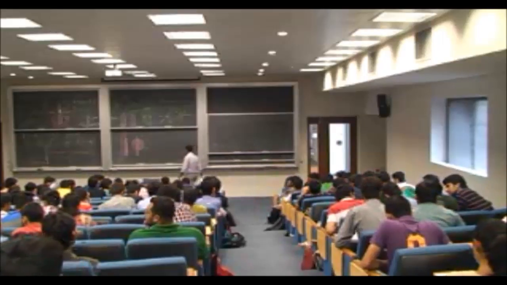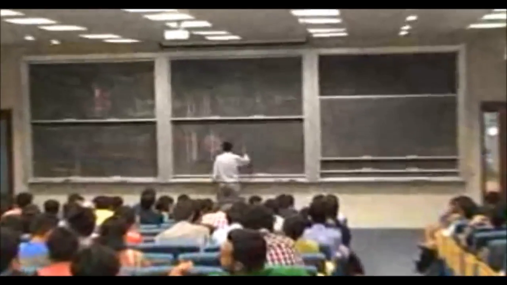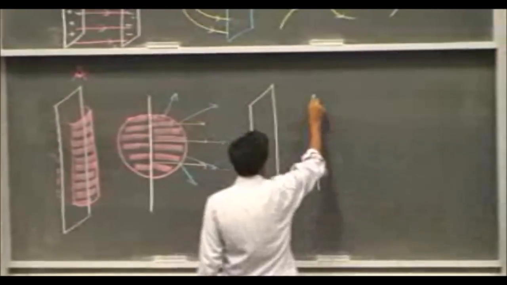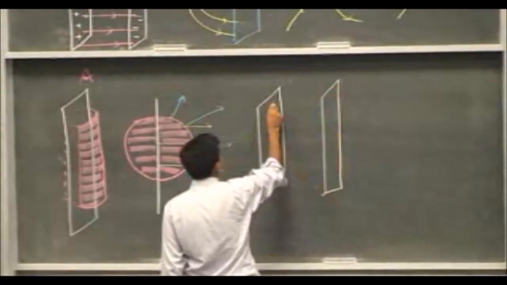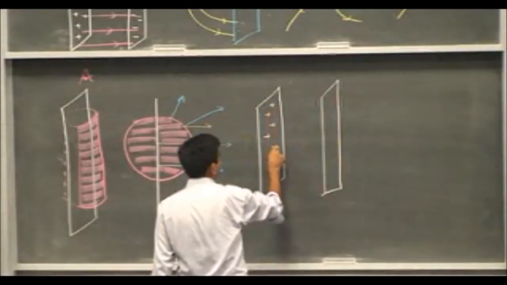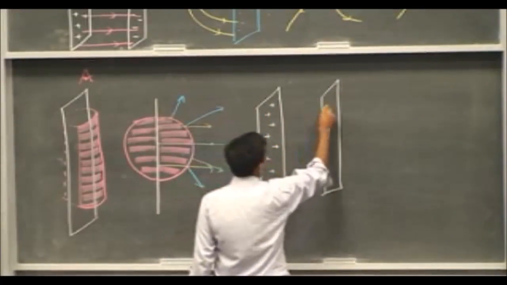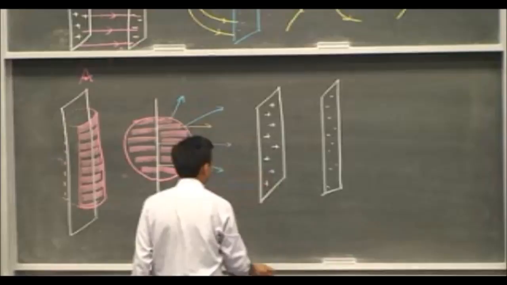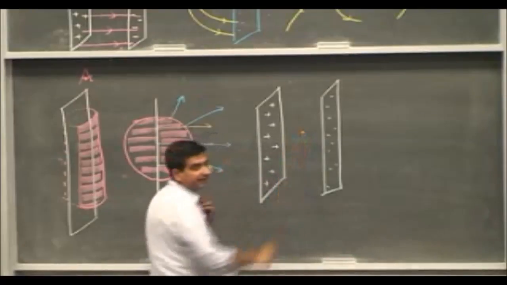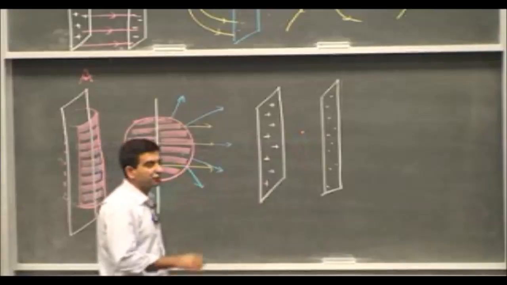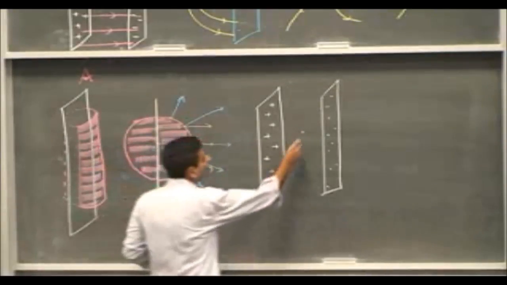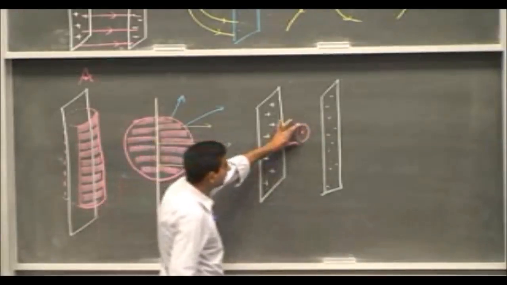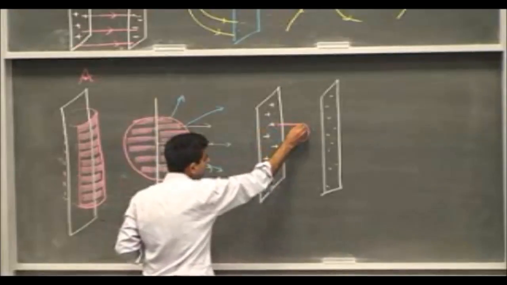Let me draw this surface for you. I want to find the electric field at point P. I draw a Gaussian cylinder whose end cap has P on it, and it has curved surfaces that are normal to the sheet.